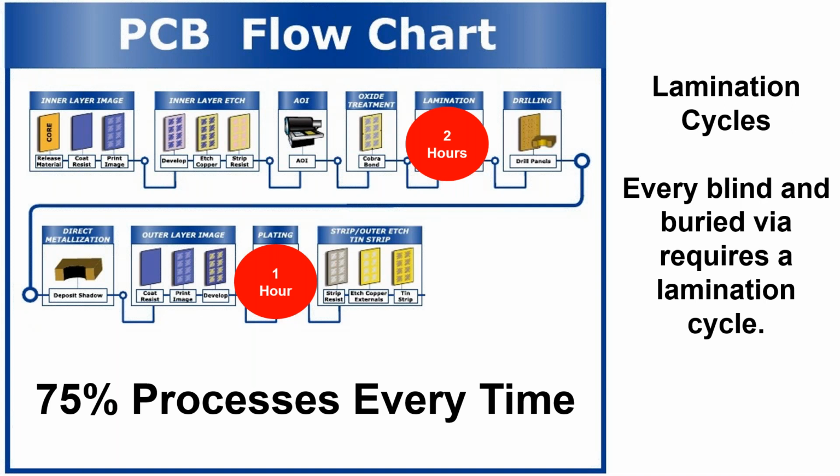And plating is another one, especially when you're talking about real high reliability parts where you need to have a minimum amount of thickness in the holes. There's nothing you can do to speed that process up. It just has to go through it. So you're dealing with physics, which is why it will take a lot longer to run a board with 3 lamination cycles than it does with 1.